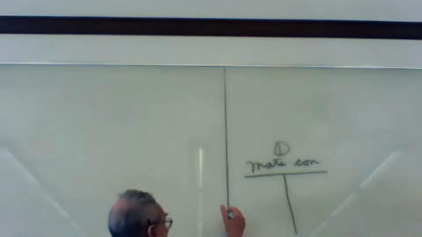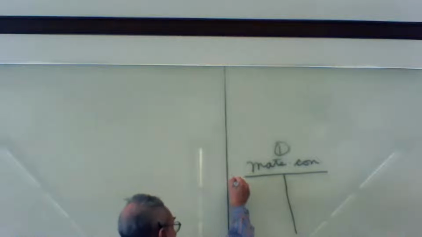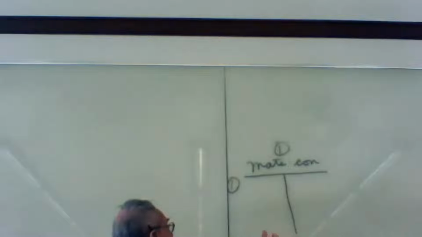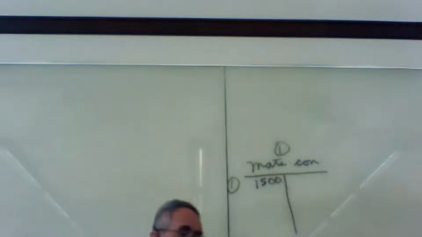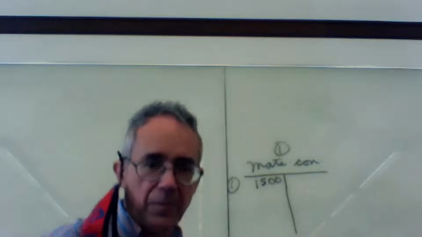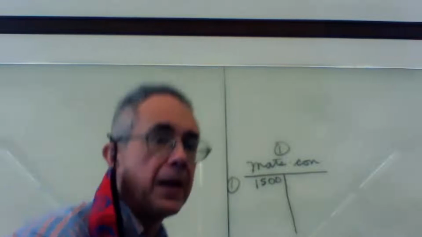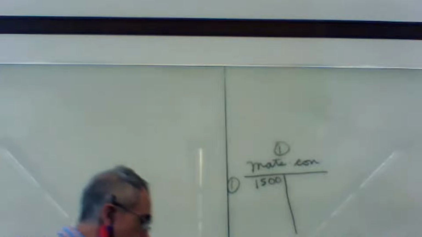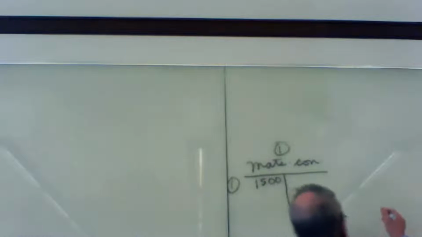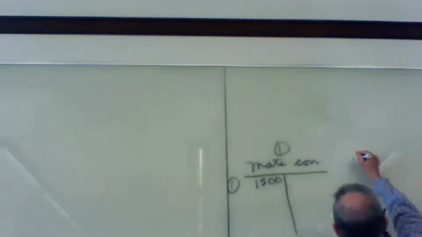So $1,500 is the beginning balance. Just going to put a little one there. This comes from entry number one. Then the next inventory we have, inventory number two, is work in process.